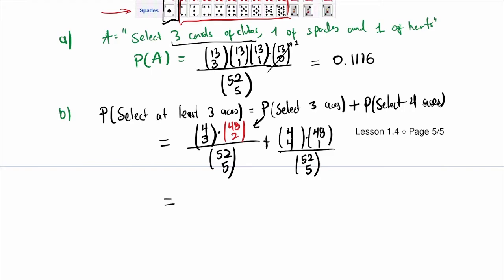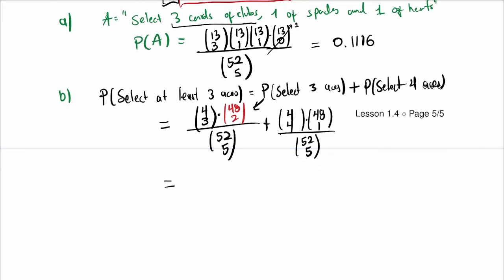And for the first one, the probability of selecting 3 aces is approximately 0.0017, plus the probability of selecting 4 aces, which is very small.